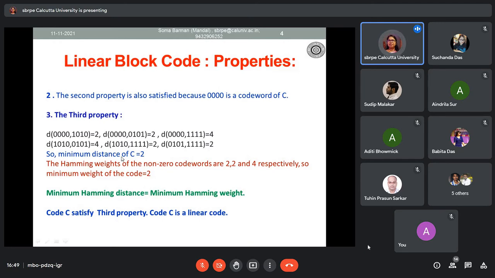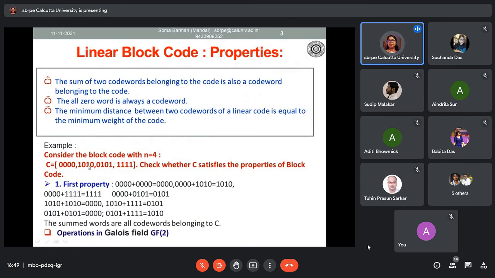The minimum distance is 2, and the Hamming weight of the non-zero code words is as follows. For 0000 there is no non-zero element. Second, the Hamming weight is 2. Third, the Hamming weight is also 2. And for the last code word the Hamming weight is 4. So the minimum Hamming weight is 2.